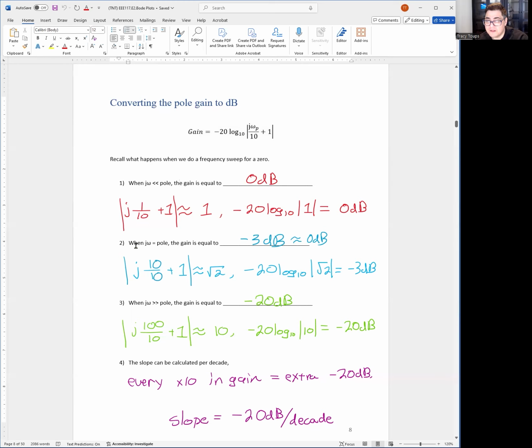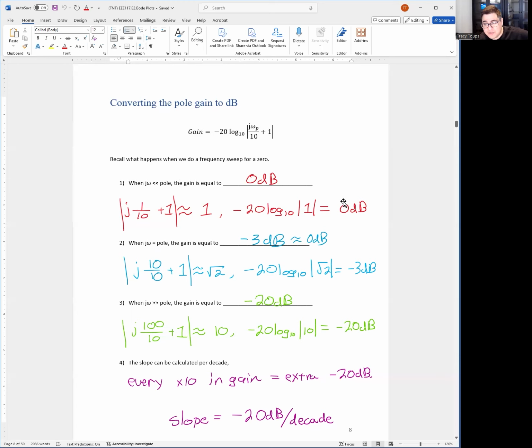Now, when our frequency reaches the pole, so omega equals 10, we're going to get j10 over 10 plus 1. That's going to be roughly equal to root 2. And if you plug that into negative 20 log base 10 of root 2, you get negative 3 dB. So you can see when we hit the pole level, when our frequency touches the pole, we start seeing a decrease in the gain.